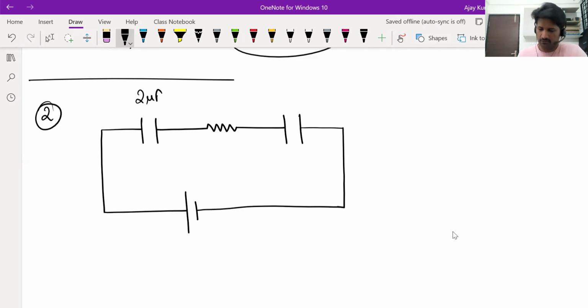Let's say this is 2 microfarad. Assume this is 4 microfarad. This plate has a charge of plus 2 microcoulomb, and this plate has a charge of plus 6 microcoulomb. Somehow they got those charges. Resistance, let's take as 4 ohms.